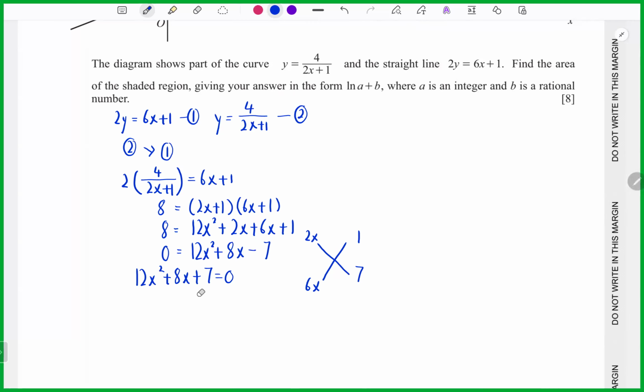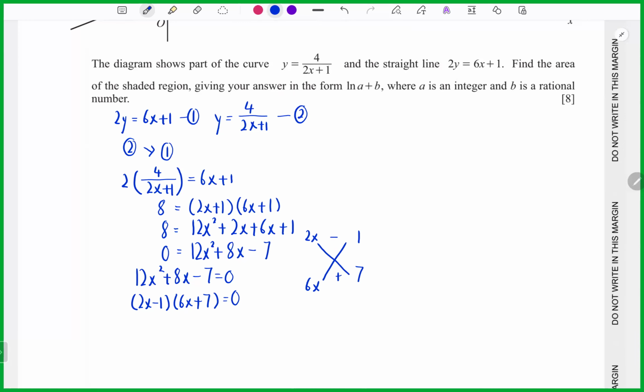Sorry. Negative 7. Okay, so I need to get negative 7. So I need to get positive 14 minus 6, so I will get positive 8. So 2x minus 1, 6x plus 7 equals 0.